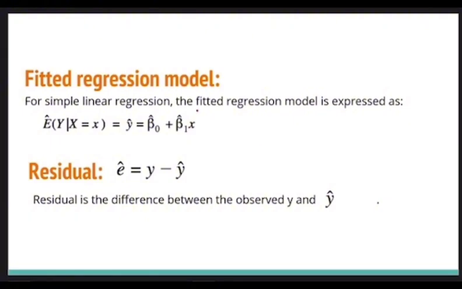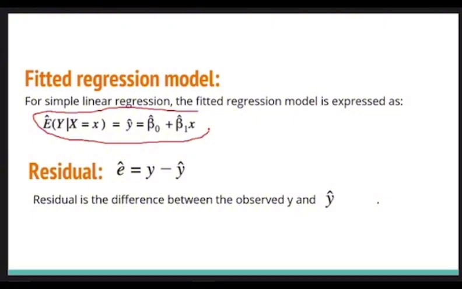Take a look at the specification now. You can see a cap on each of that. Y cap, you know what Y cap means? Y cap means predicted Y, predicted response. As you can see here, there's a difference between this Y and the Y with a cap.